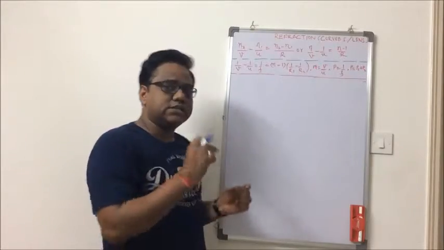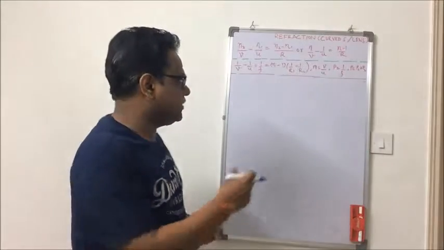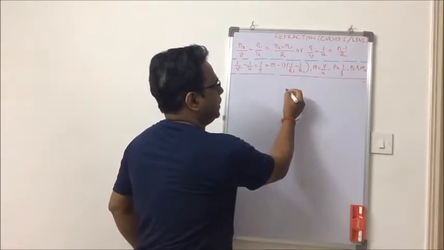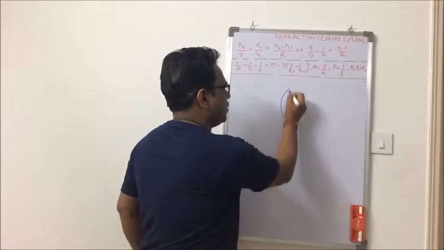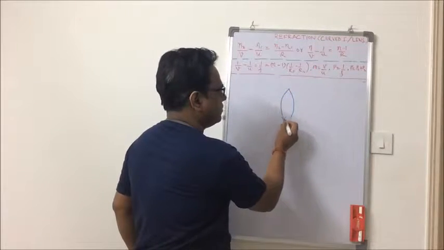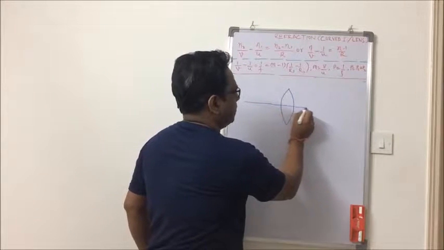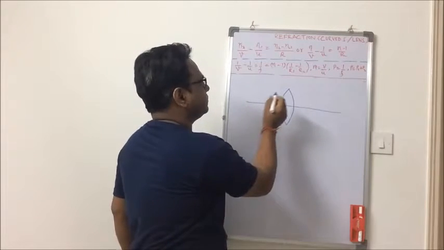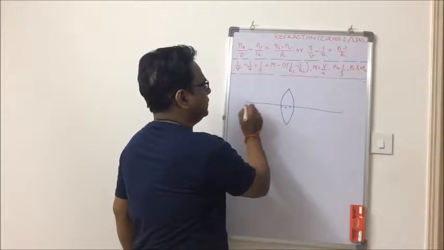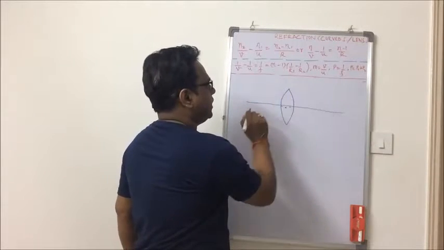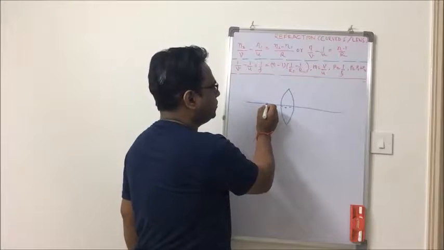Okay, so a lens is made of two curved surfaces. So let's take the example of a convex lens, a thin convex lens. Again we will take the example of a point object.